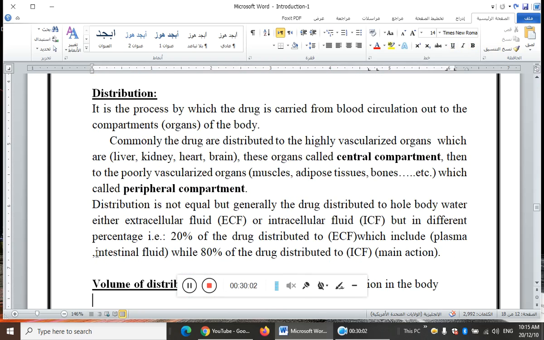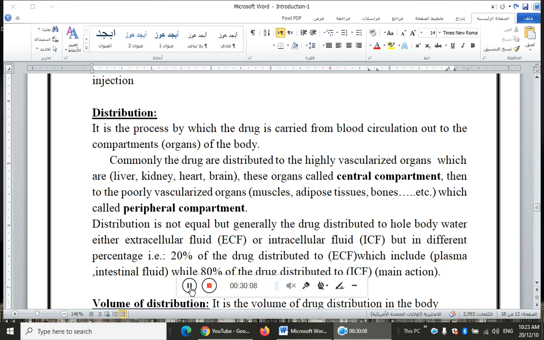Now we will begin with the second process of pharmacokinetics, which is distribution. It is defined as the process by which the drug is carried from blood circulation out to the compartments, which means organs of the body.